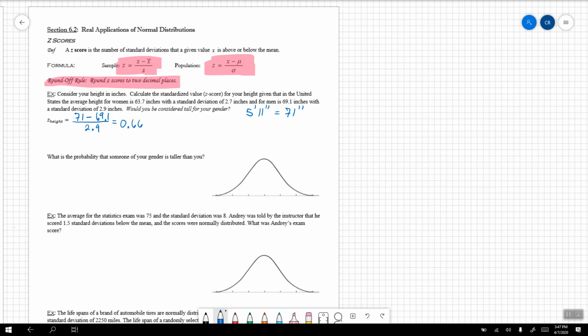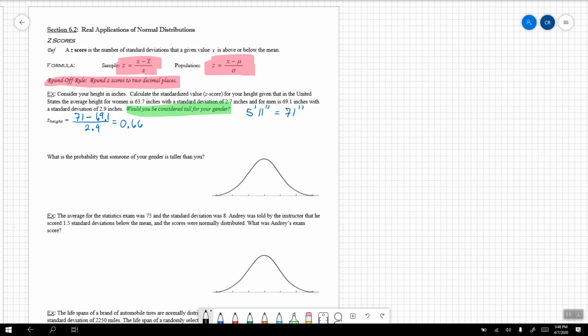So as we start looking at this, I'm going to start answering the question. And again, the question here is, would you be considered tall for your gender? A lot of people might say, well, yeah, I'm tall, right? But again, what I wanted you to do is use the numbers and use the theory that we've been crafting in this class. In order for somebody to be considered tall within this particular aspect, we want to make sure that tallness is measured by somebody who is unusually tall or unusually small, meaning we need to pass those 2 standard deviations.